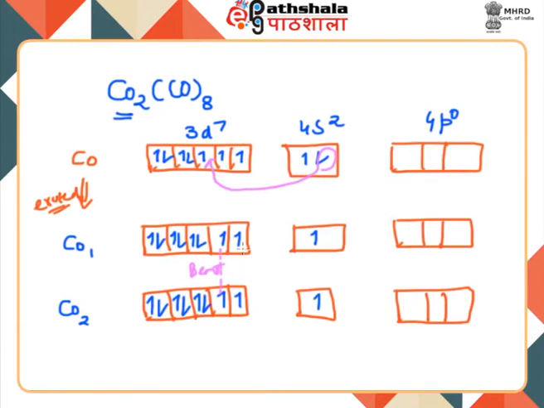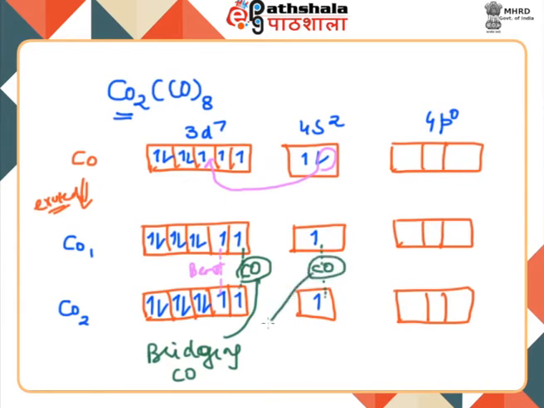Between this electron and this electron, sharing will be via a carbonyl, and this carbonyl will be the bridging carbonyl. There will be another bridging carbonyl between these two orbitals, so there are two bridging carbonyls. There will be 6 terminal carbonyls.